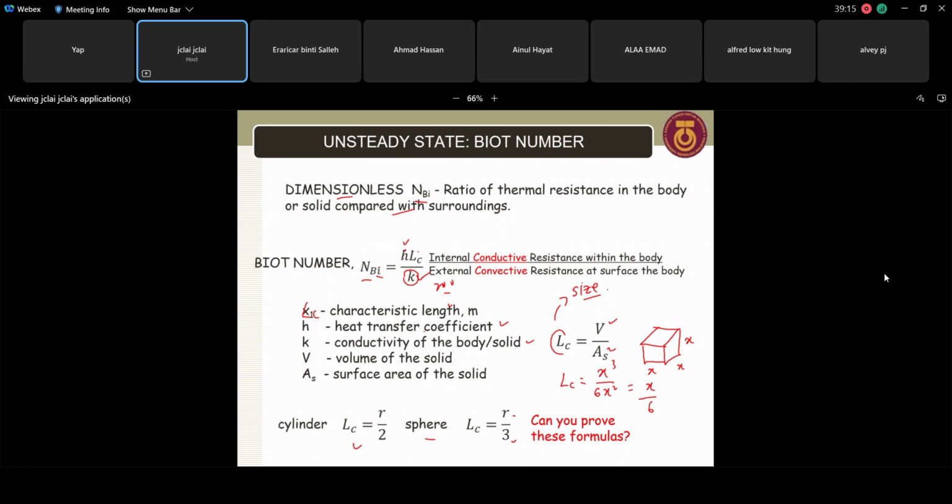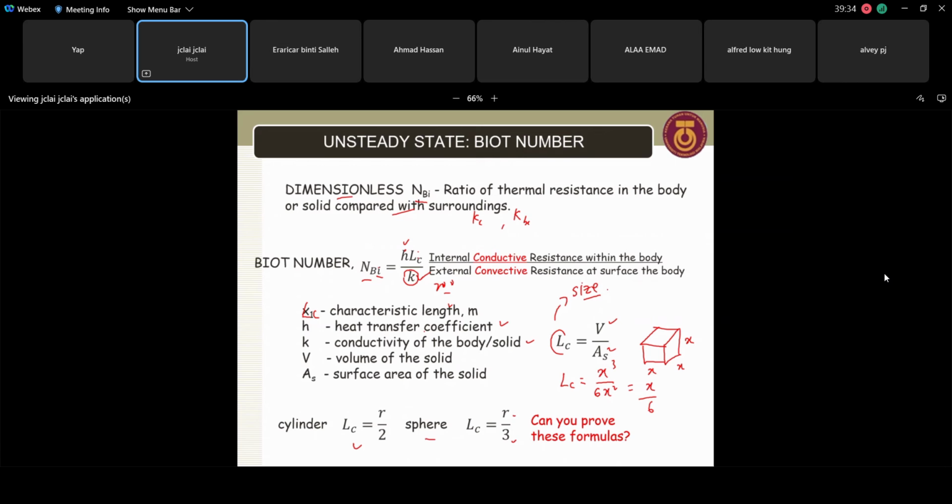If you keep H and LC constant, then compare K for copper with K for beef. Of course, copper has a much higher thermal conductivity.